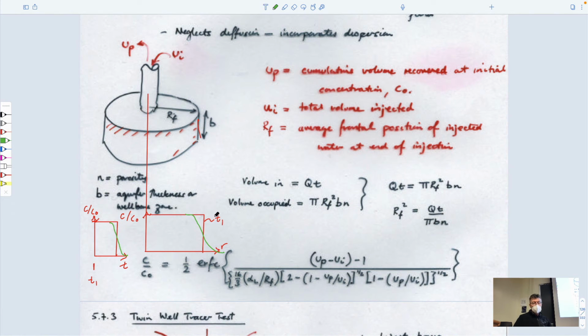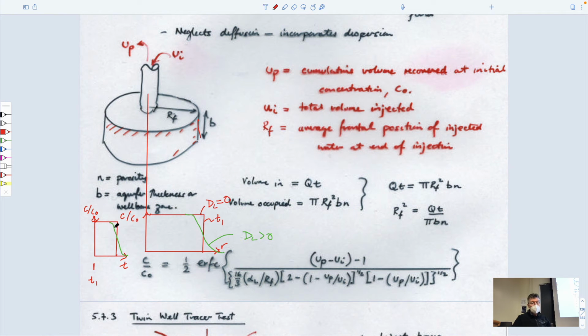In the case that you had dispersion equal to 0, let me do it in red, and dispersion greater than 0, then the responses that you get here would be different.